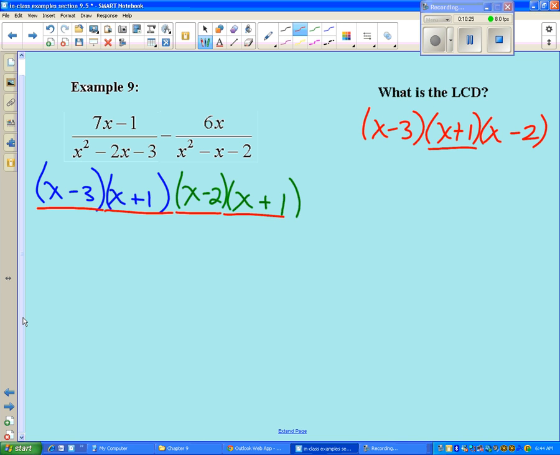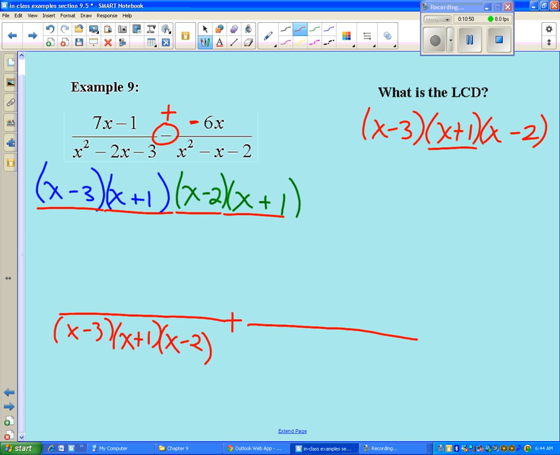So again, I need to work this out. I'm going to have the denominator of x minus 3 times x plus 1 times x minus 2. I'm going to change this subtraction to plus and make this a negative 6. I just think it's easier.